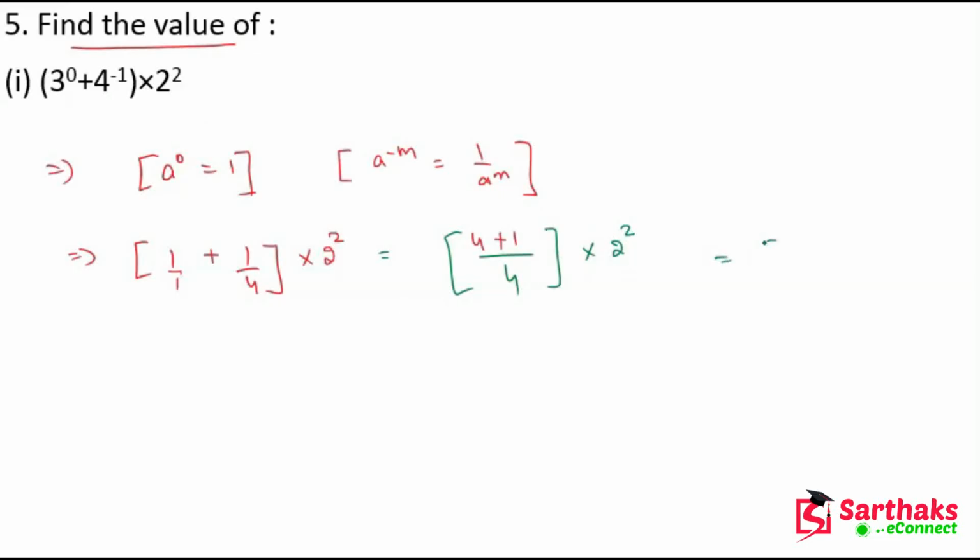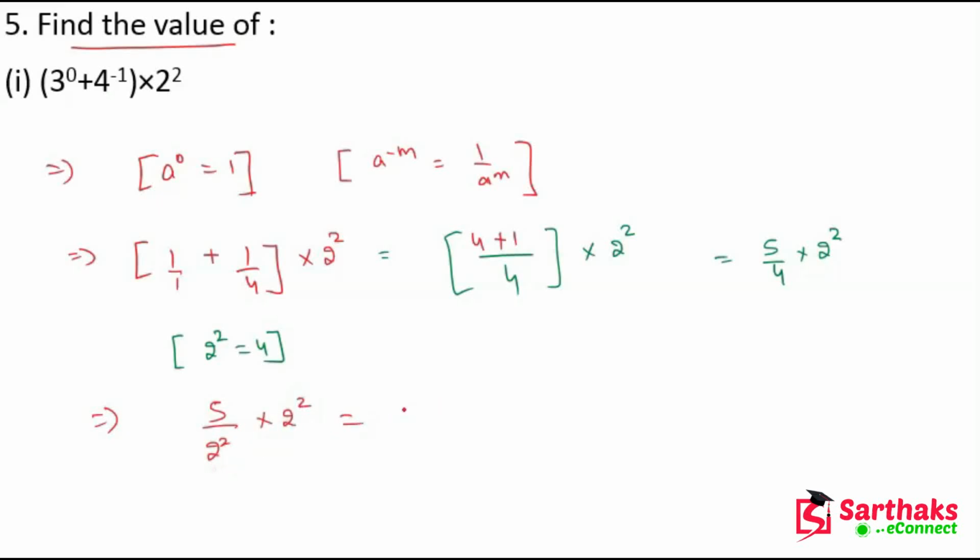So this will become 5 upon 4 into 2 raised to power 2. Now we know that we can write 4 as 2 square. So this will become 5 upon 2 raised to power 2 into 2 raised to power 2.